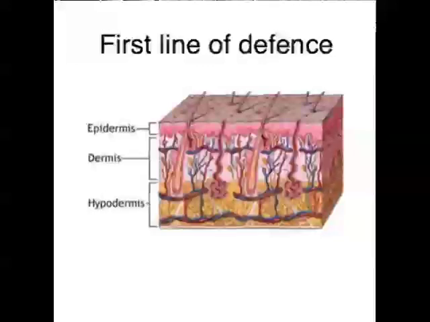Milk contains an antimicrobial enzyme. We also have natural flora, lots of bacteria growing in our bodies, and that's another type of defense, because the bacteria inside us inhibit the growth of pathogenic bacteria, so they're more able to compete. So that's the first line of defense, our first way of fighting off disease.